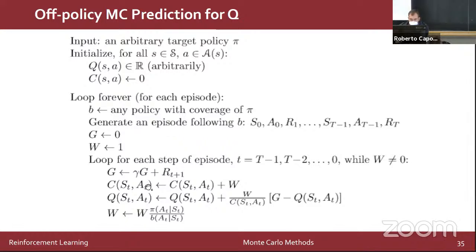Then for each policy that I have, so another loop here, I would use its estimate of C, its estimate of Q, its estimate of W, and I would update each of them individually. So this is very powerful in theory.